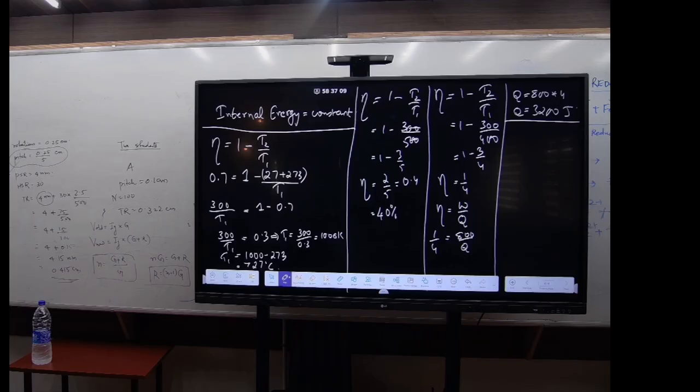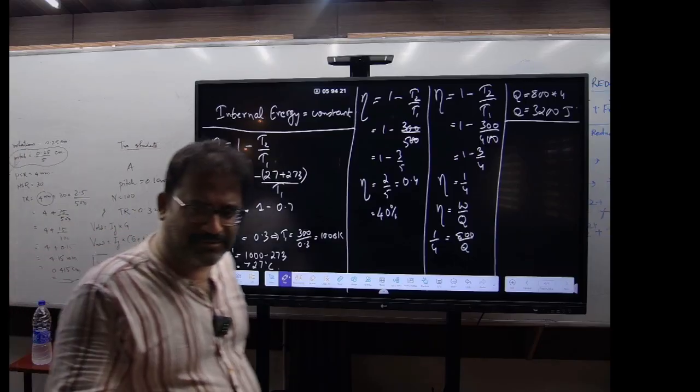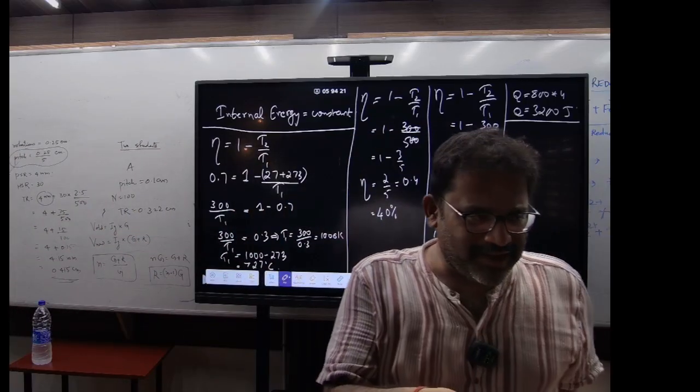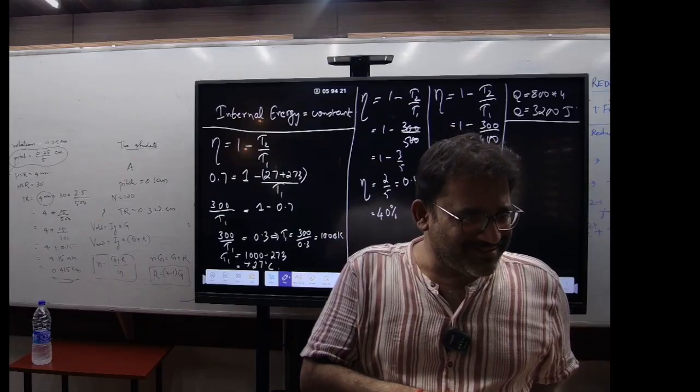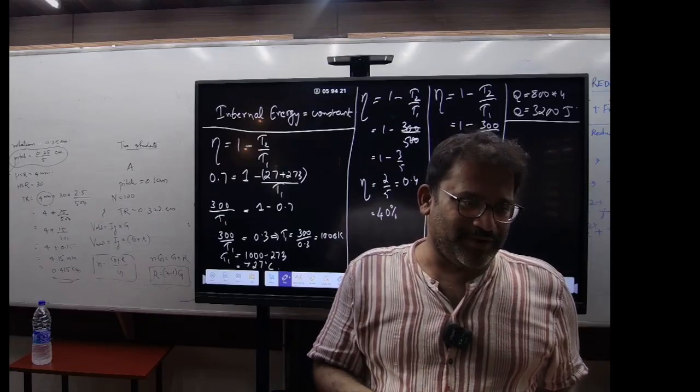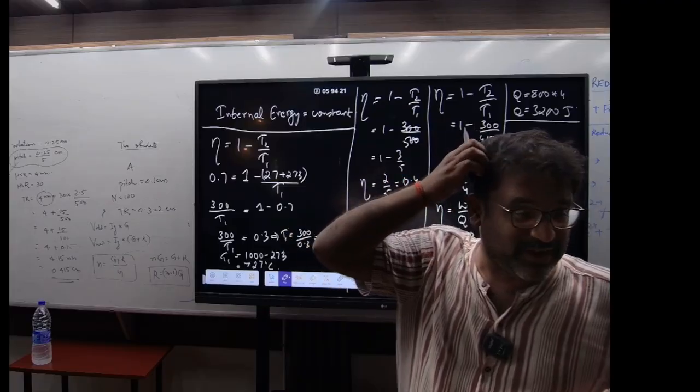The SI unit of specific heat capacity is joule kg inverse Kelvin inverse. One minute. The option that I heard was joule, kg inverse, Kelvin inverse. Sure? Is that the option? Again, my students can completely confuse me now.